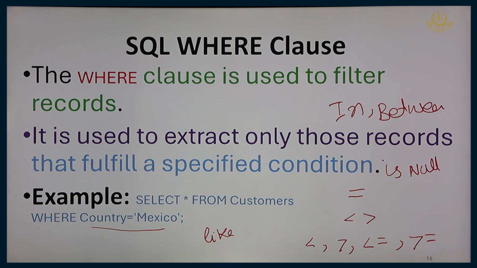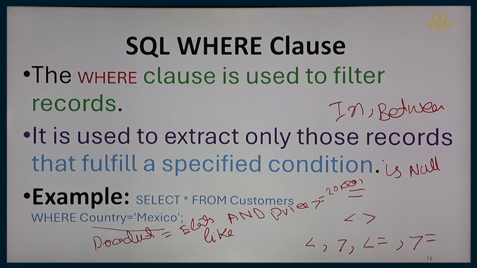Similarly, we can use select star from customer where product is equal to electronics and price is greater than or equal to 20,000. So in these cases, basically there are two conditions.